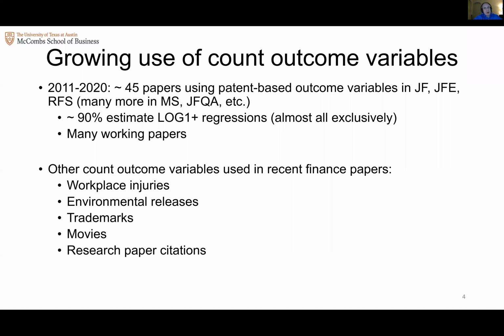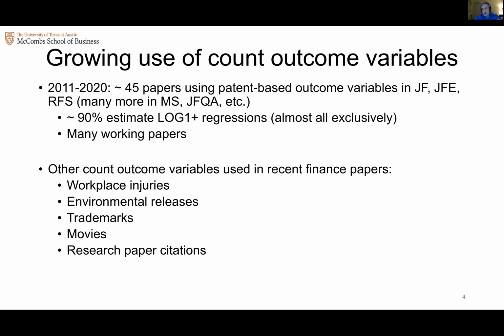There are also a whole bunch of working papers out there estimating these types of regressions as well. Now there are other count outcome variables that are starting to be used in finance and corporate finance research, which I think is becoming a more important issue. Things like workplace injuries, environmental releases, trademarks, number of movies.